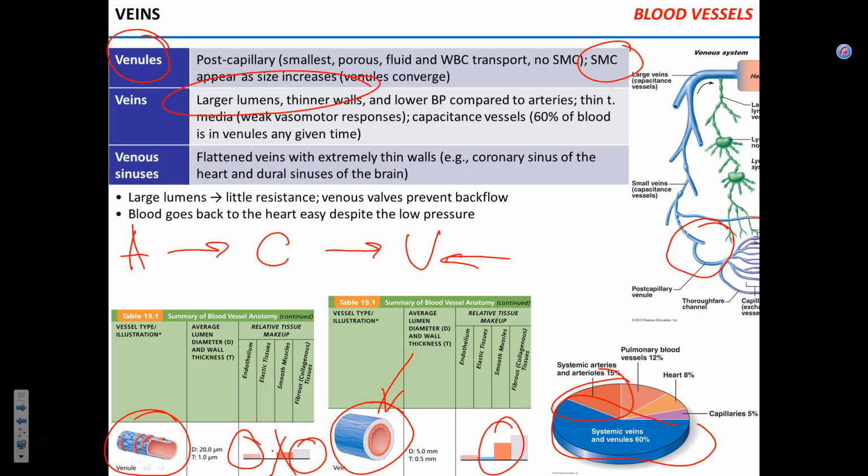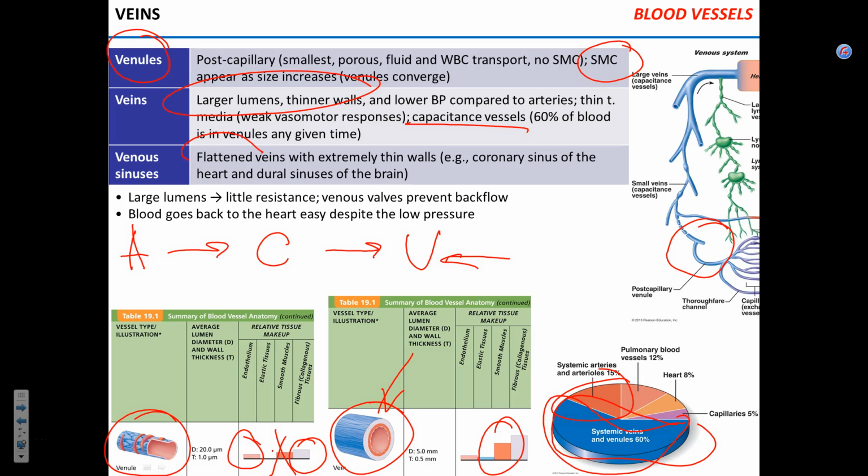But if you will measure the volume of blood that's in the veins, 60% of the blood is in the veins at any given moment. That's why they are called capacitance vessel. Right? They pretty much store blood. Does that make sense? Capacitance. Capacity, from the word capacity. Capacitance vessels.